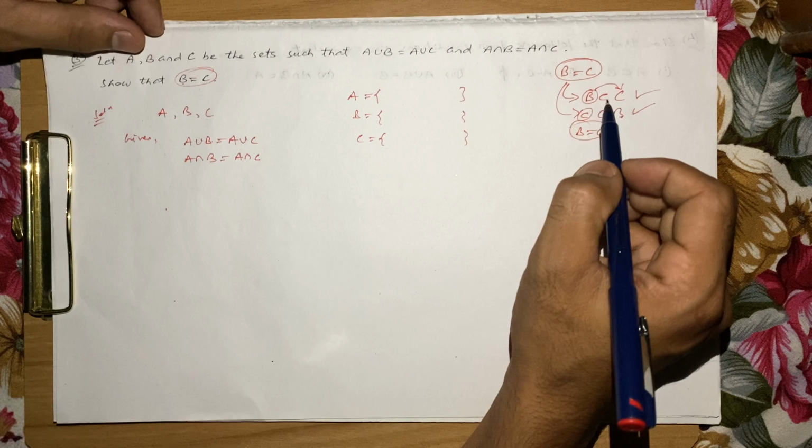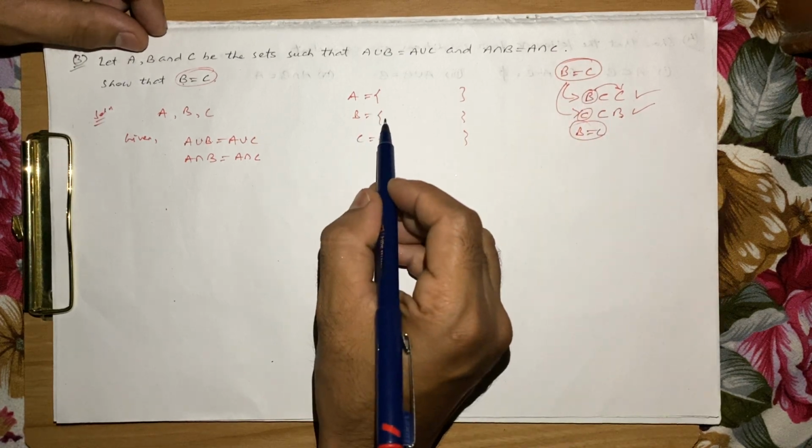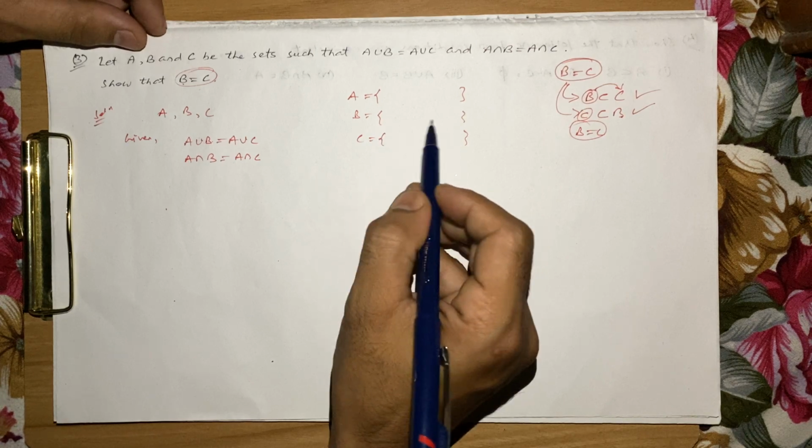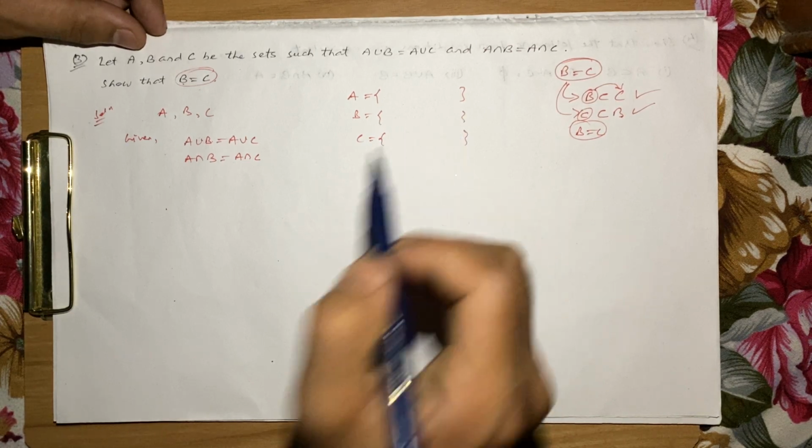To prove the first condition, let's say there are some elements in the set B. Let's assume each of the elements to be X for some time.